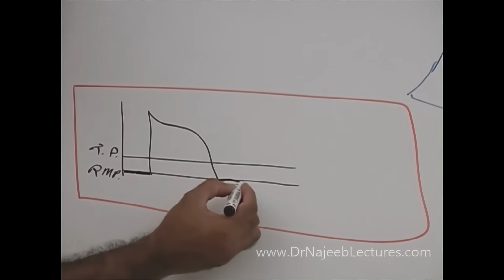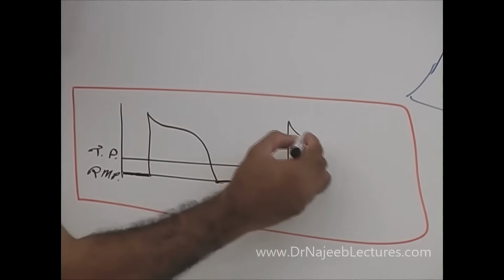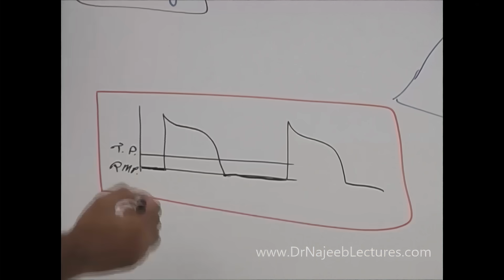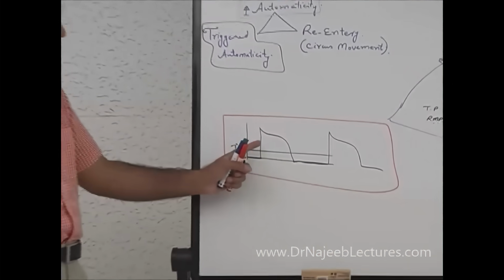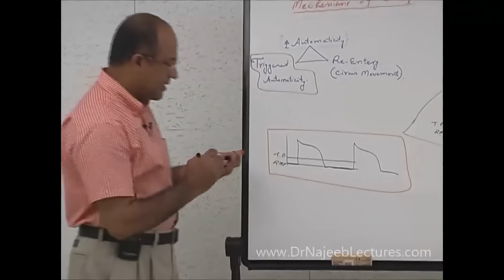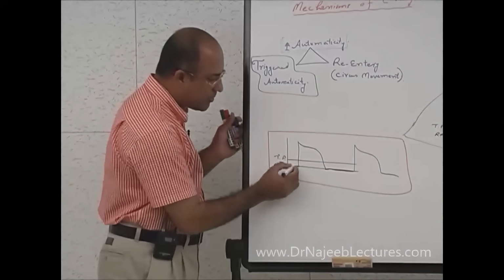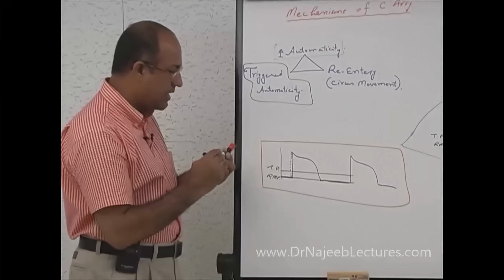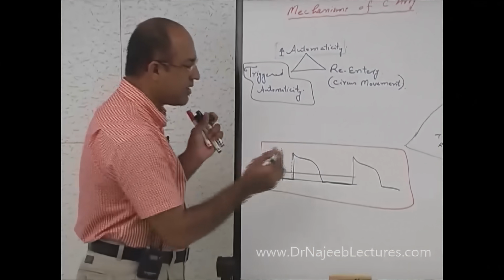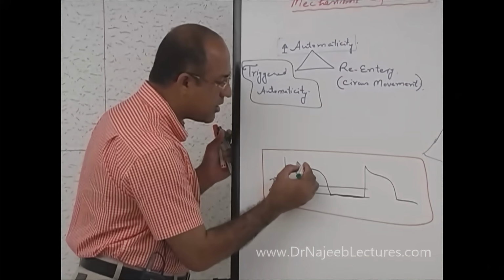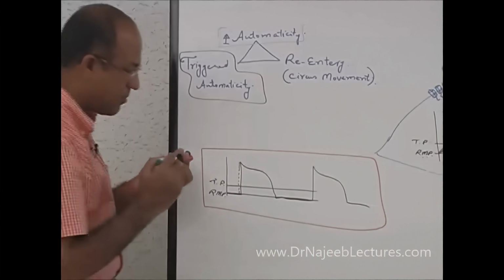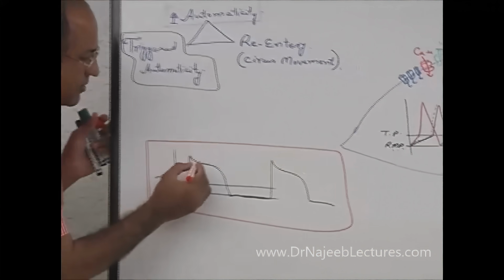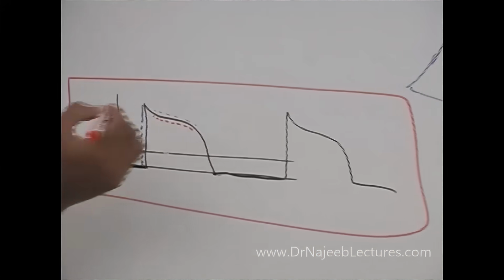And after that, this is the electrical activity of a ventricular cell. Here the depolarization is sodium dependent, of course, right? And this plateau is produced when potassium is leaking out but calcium is entering the cell, right?